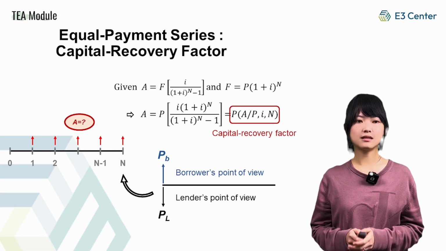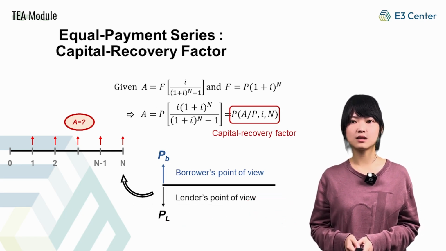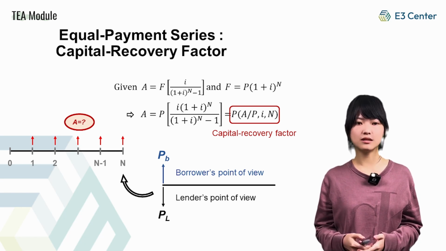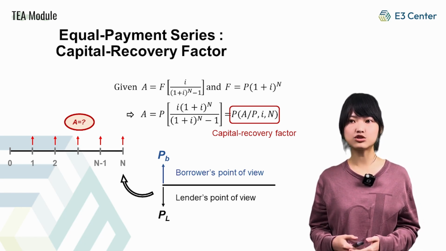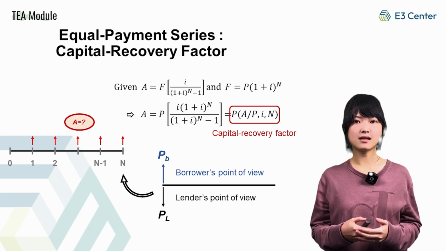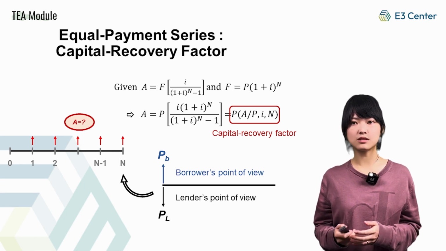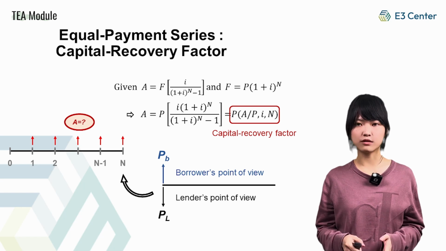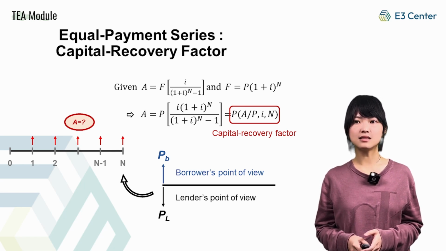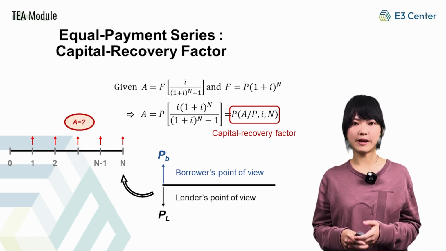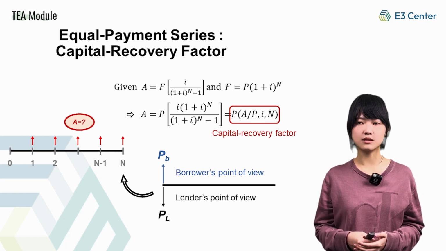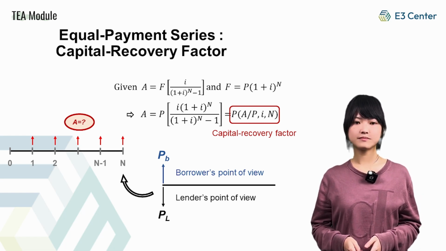The third is the capital recovery factor, which helps us understand how much needs to be paid annually to recover an initial investment P and cover the interest cost, such that by the end of period N, the investment is paid off completely. This is vital in loan repayments and amortizing the cost of projects or investments over their useful life.